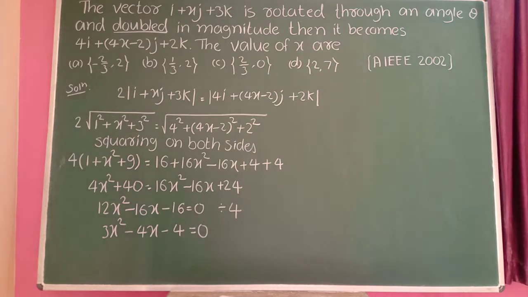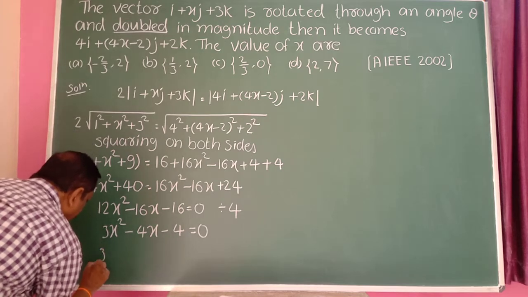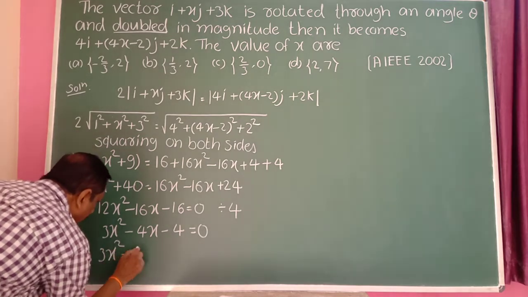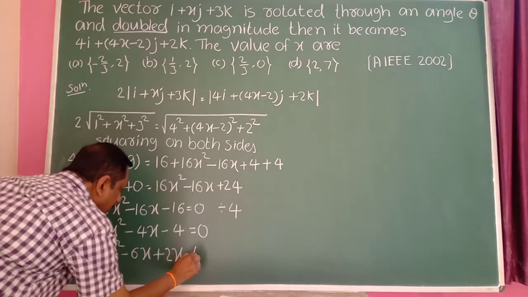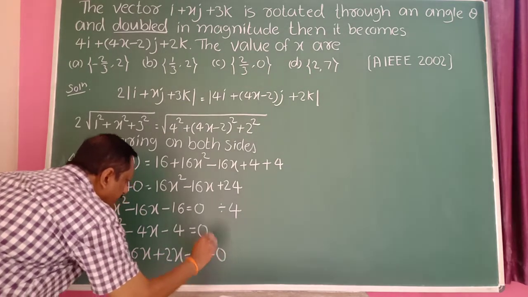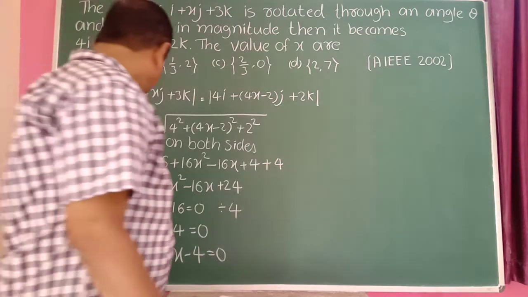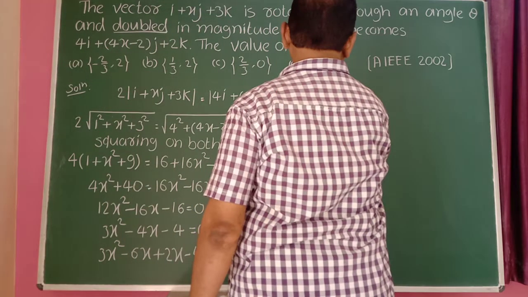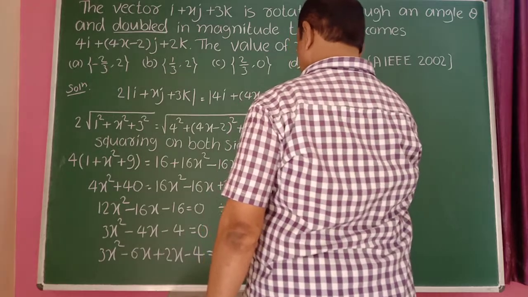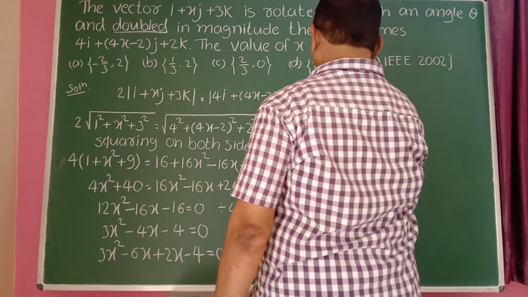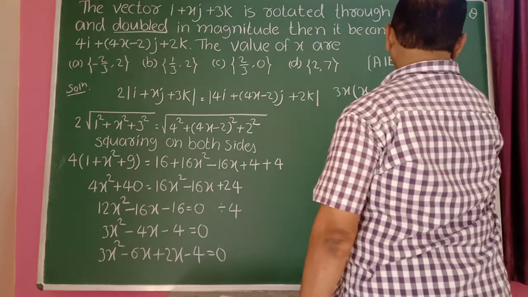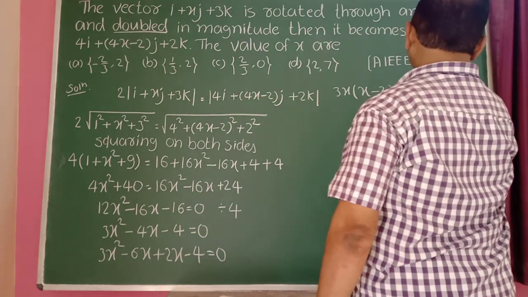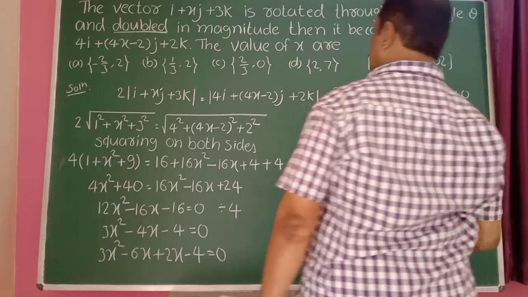So two numbers are minus 6 and 2 here. So 3x square minus 6x plus 2x minus 4 equal to 0. Here 3x is the common factor, therefore 3x(x minus 2), and here 2 is the common factor, so plus 2(x minus 2) is equal to 0.